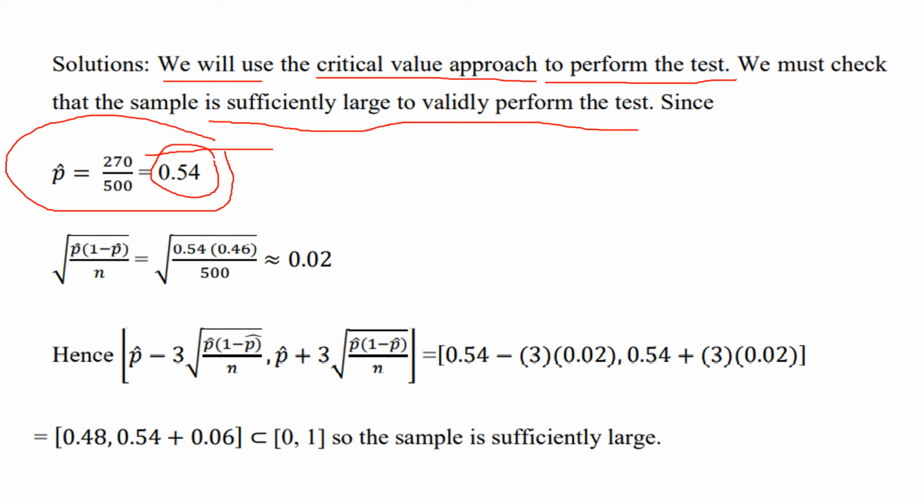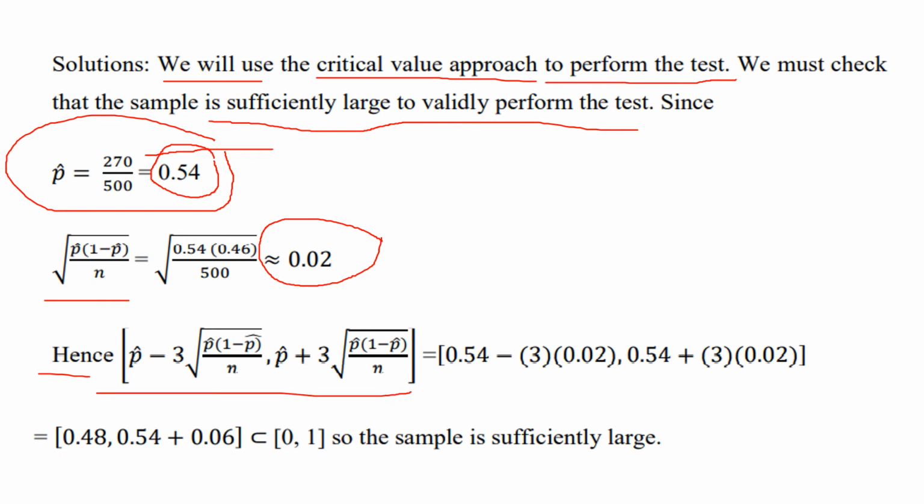So once we apply this formula here, that will be your p hat times one minus p hat over n. So we apply. So here approximately equal to 0.02. So hence, we can apply this formula.